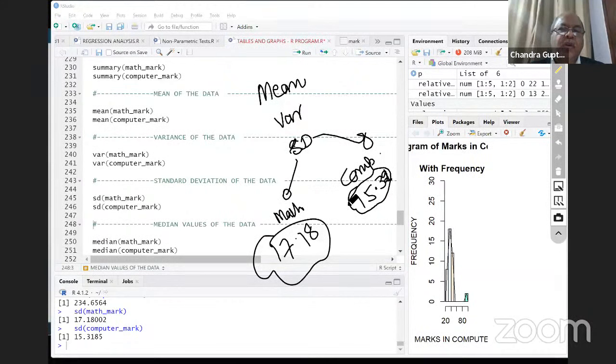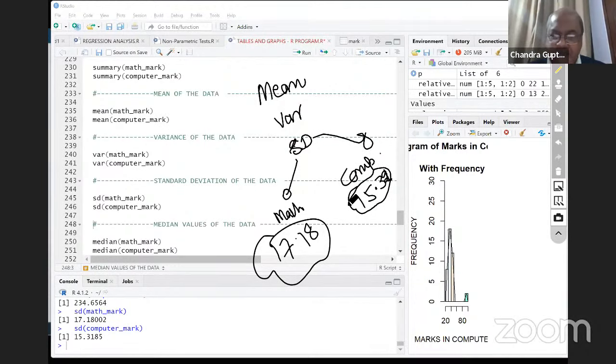So will you like to have more variation in the students' marks, or less variation in the students' marks? That's my question. Less variation, less variation. Altaf, less. Rupali, less.